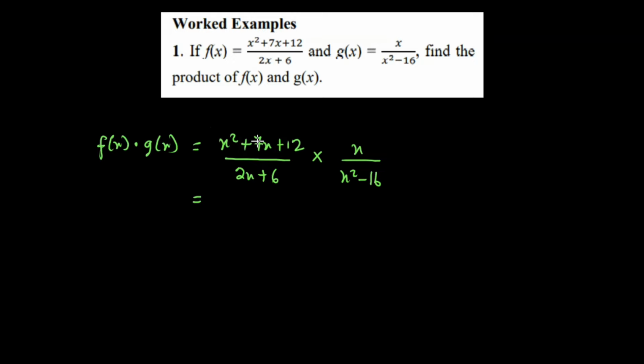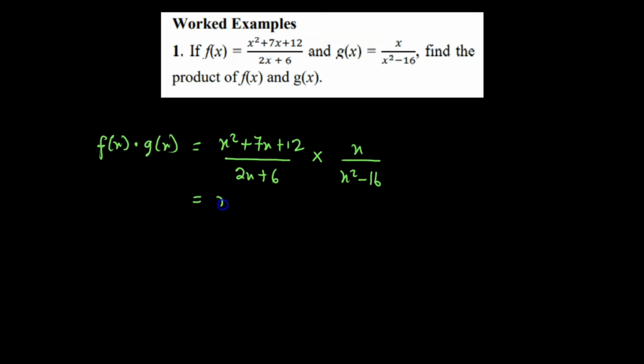So in doing that, when I factorize x squared plus 7x plus 12, I'm going to get x plus 3 and then x plus 4.